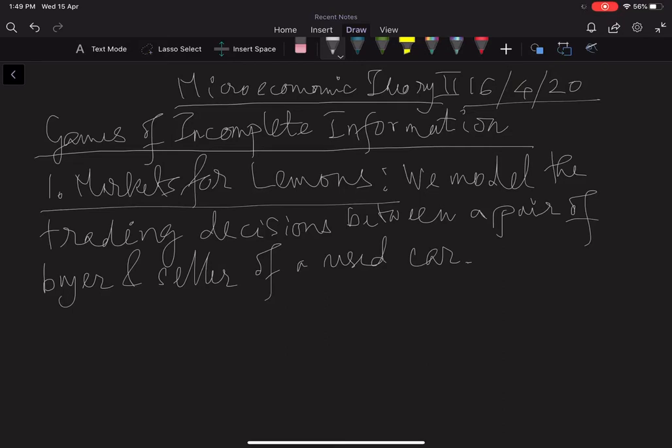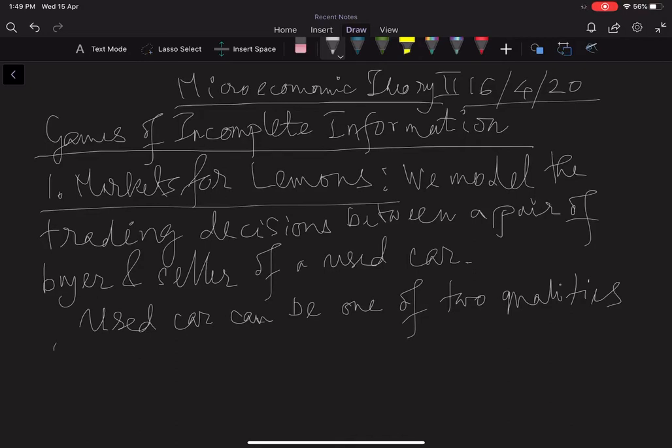For simplicity we assume that the used car can be one of two qualities: high, denoted by H, or low, denoted by L. Right, so quality can be either high or low, and it matters for the payoffs of the buyers and the sellers.